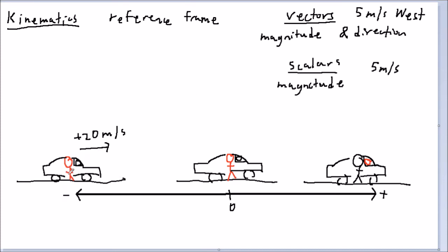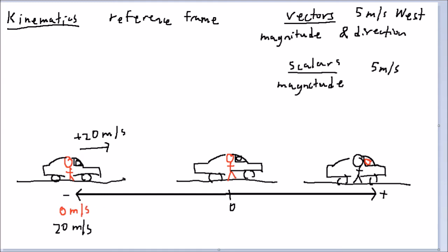Well, in the first scenario, let's say that you're moving at 0 meters per second relative to the ground. Everything here can be relative to the ground. If you're moving at 0 meters per second and you take out your physics measuring equipment and measure how fast this car is moving, then you will indeed get 20 meters per second.